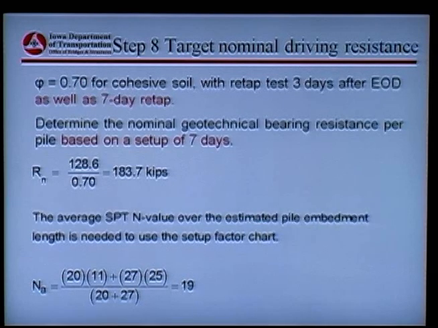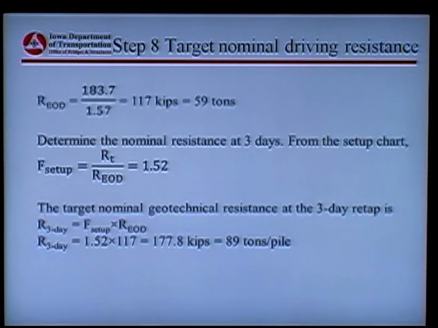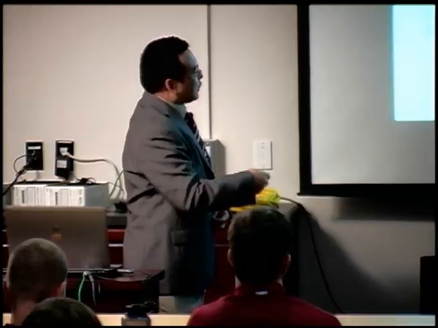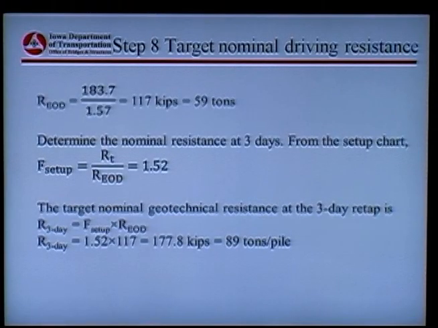Okay? So if you were to verify the pile performance at end of driving, this is the number that will be used, 117 kips or 59 tons. Because you plan to retap the pile, you will have to compare with this target driving resistance at 3 days, which is 177.8 kips or 89 tons. All right?